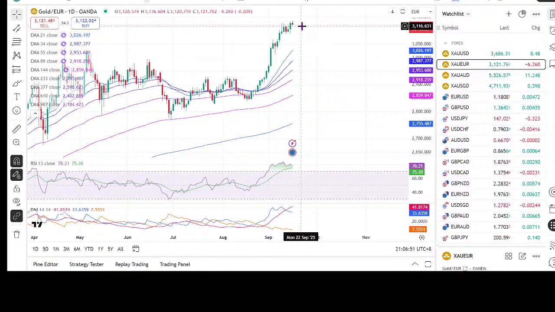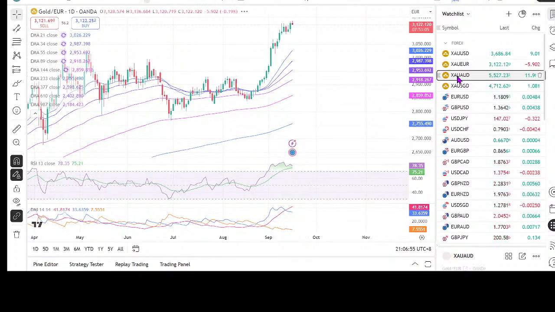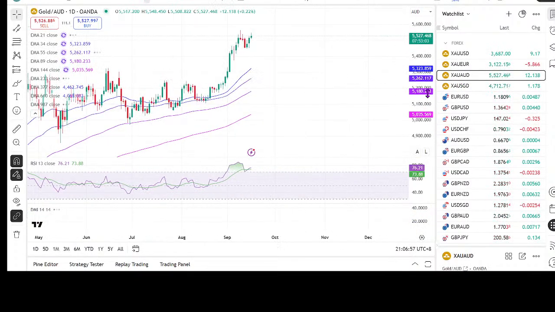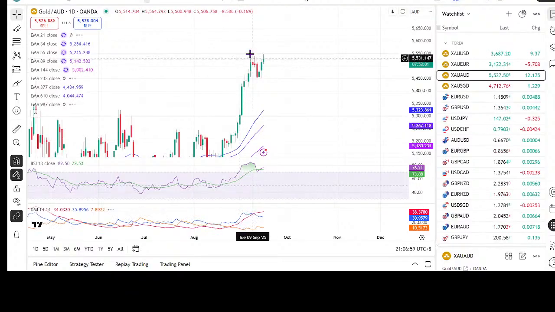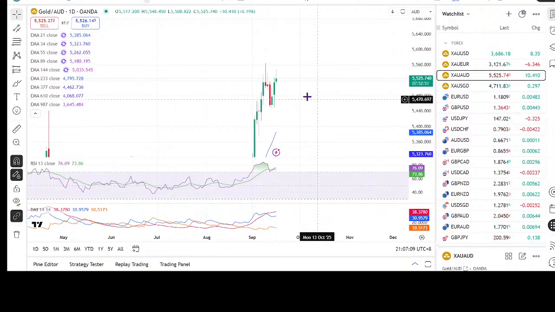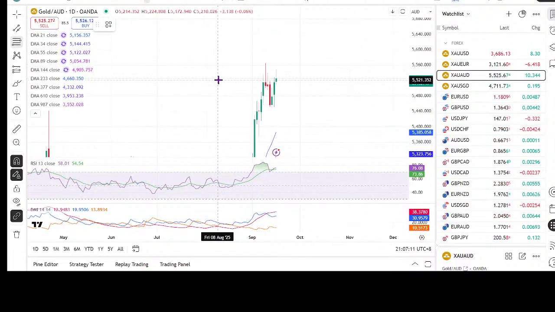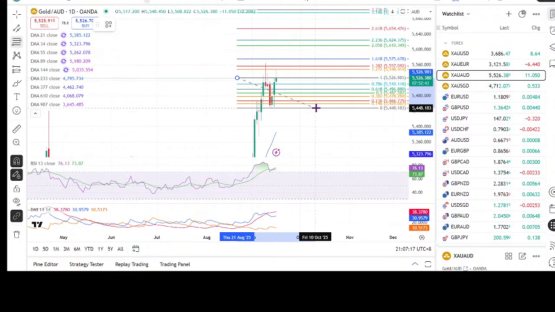If you look at the gold Aussie, the high is already seen at 5562, which happened on the 9th of September. Right now we are just seeing a correction up, and we should see the price turning down before that high is seen.